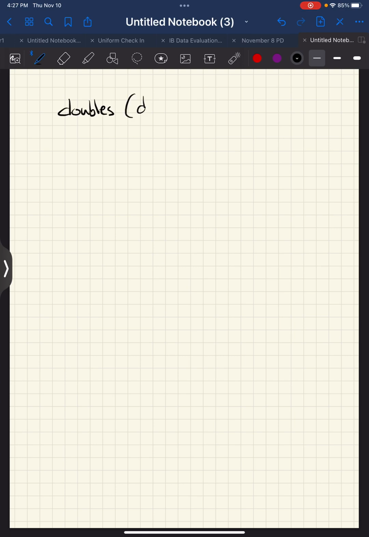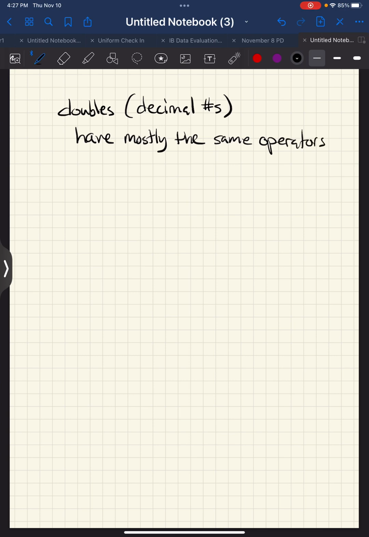Now, if we move on here, we can look at doubles, right? Remember, again, those are decimal numbers. They have mostly the same operators as ints. Plus, minus, times, divide, less than, greater than, less than or equal to, greater than or equal to, equals equals.